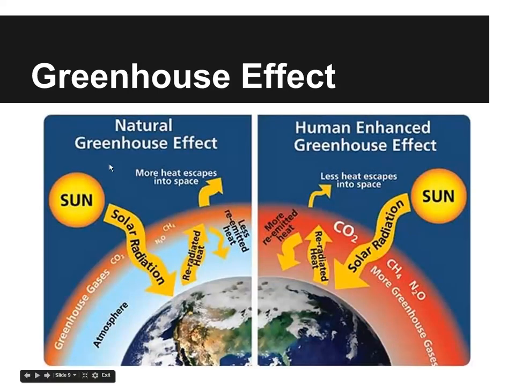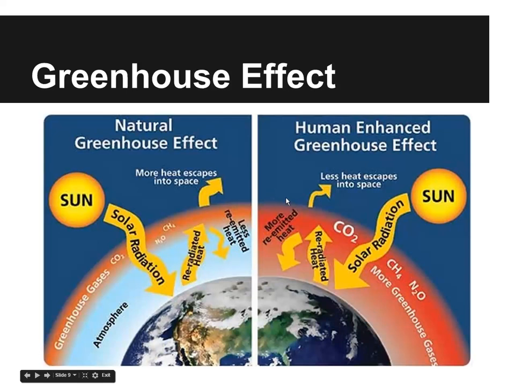Here you see a diagram, taken from the ck12.org website. Natural greenhouse effect: the sun gives off solar radiation and it heats up the water and the land, and then it's re-radiated as infrared heat mostly. And we have these gases, again a natural process, CO2 and methane.